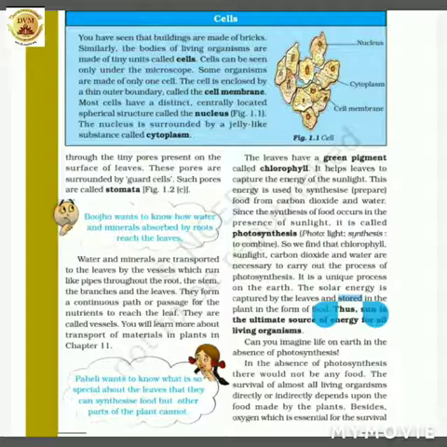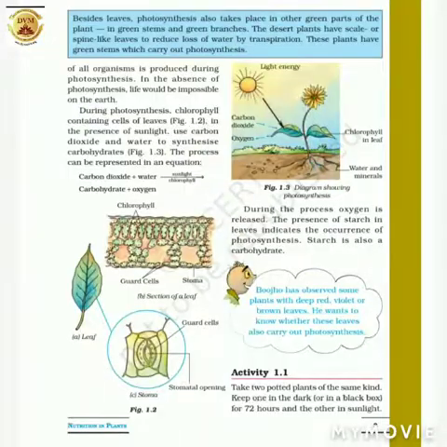Can you imagine life on the earth in the absence of photosynthesis? No. Life is not possible in the absence of photosynthesis, because plants prepare their food by the process of photosynthesis, and all other organisms depend on plants for their survival. In the absence of photosynthesis, there would not be any food.